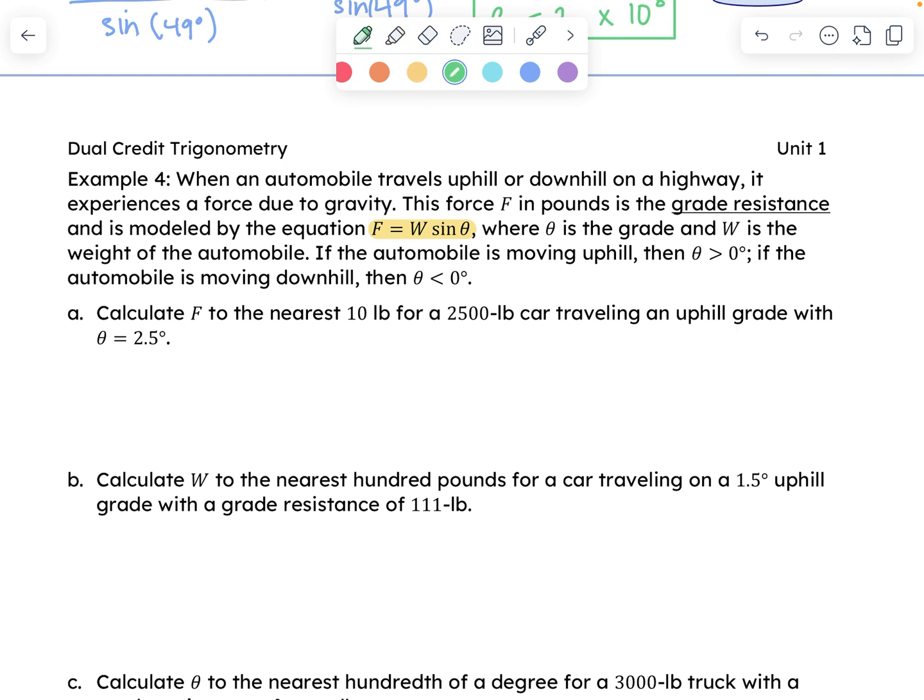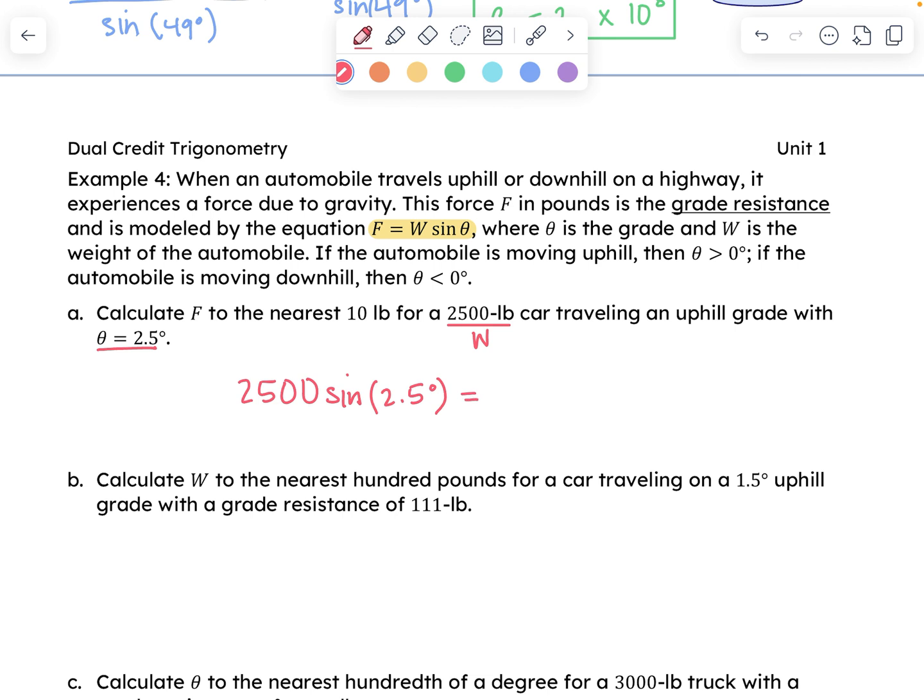So I'm just going to plug what I know into my equation. It says that the car is 2,500 pounds. That is the weight, so I'm going to plug that in for W. And then it tells me what theta is. So 2,500 times the sine of 2.5 degrees.